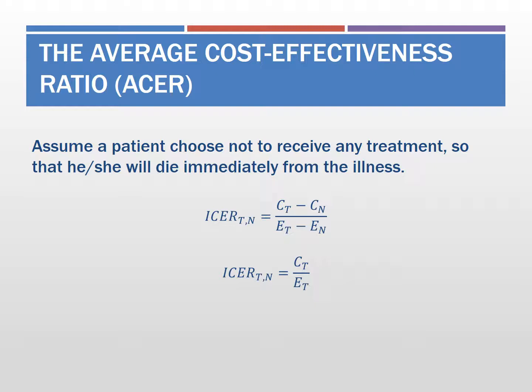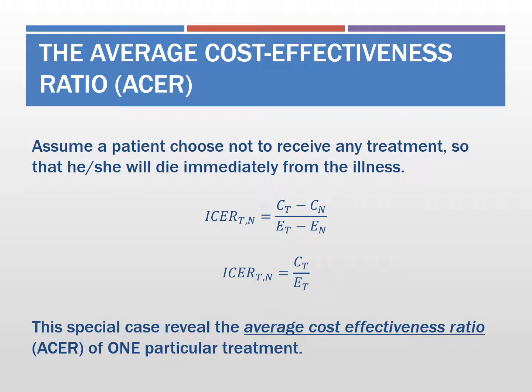Well, we have a special name for this. In this case, we call it the average cost effectiveness ratio, the ACER. This is the average cost for one particular treatment in the market, when we assume, again, that the person does not have any additional cost for not taking the treatment and does not live any longer than at the time when he or she makes the decision to receive treatment or not.